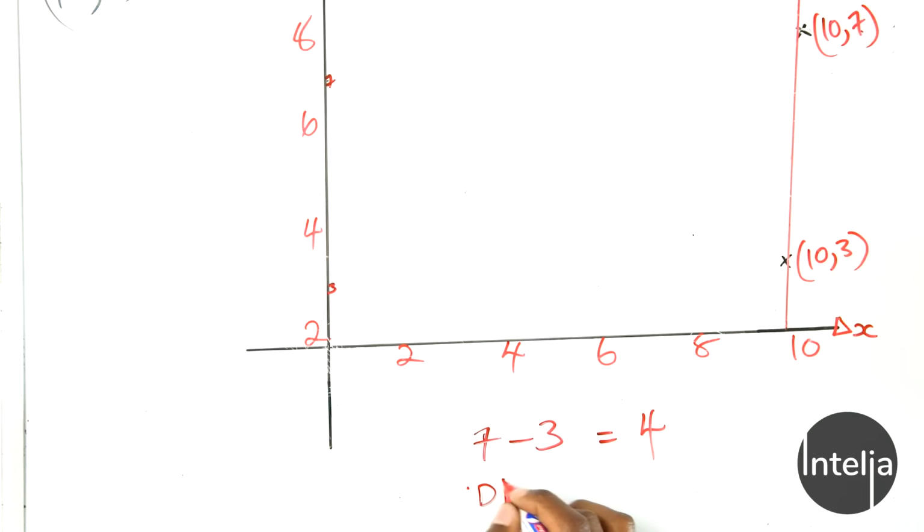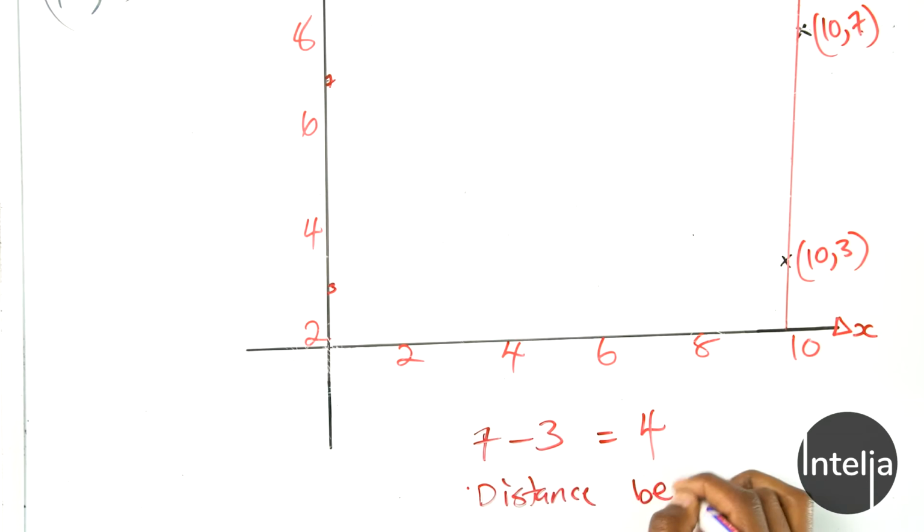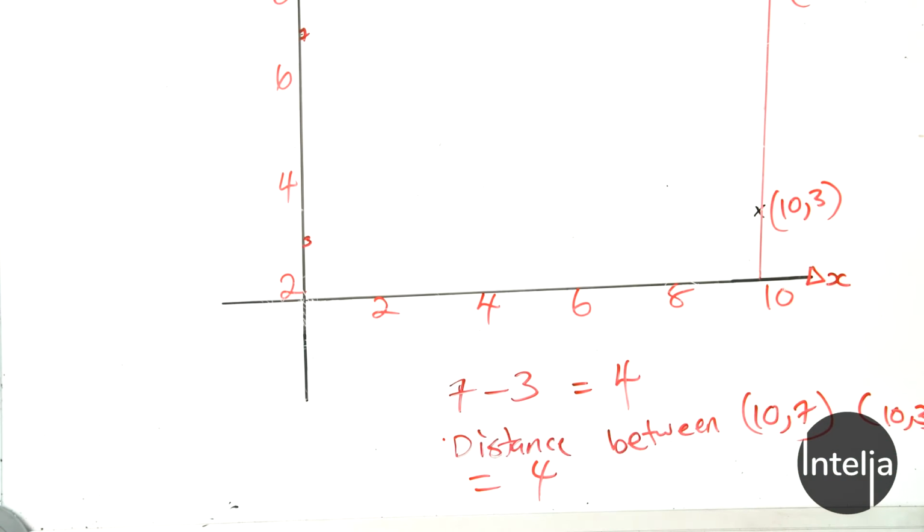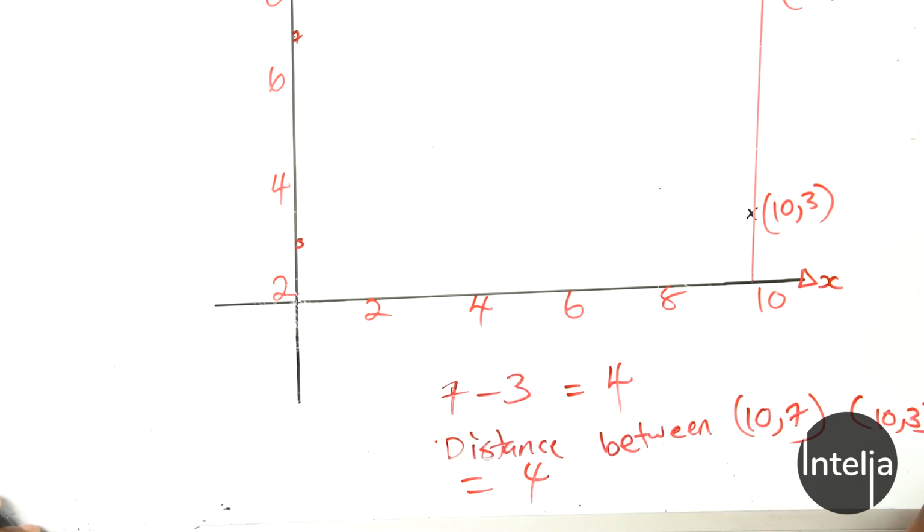So the distance between coordinates (10, 7) and (10, 3) is equal to 4, like this. You see.